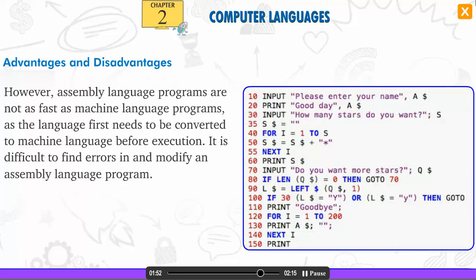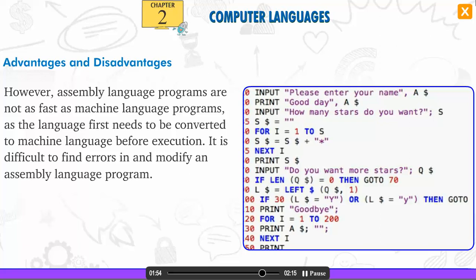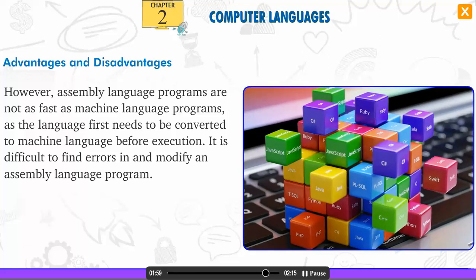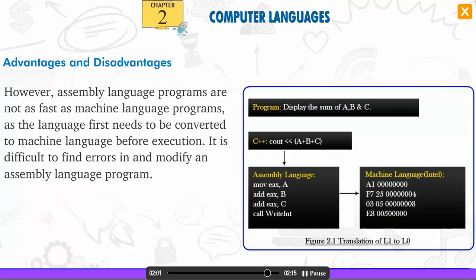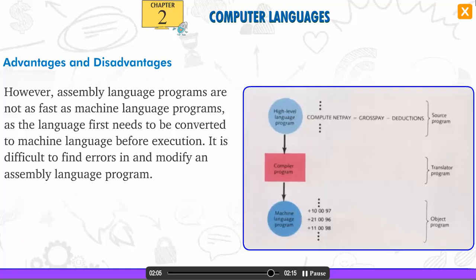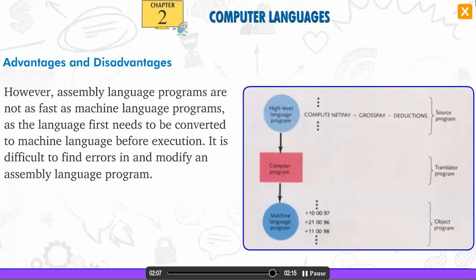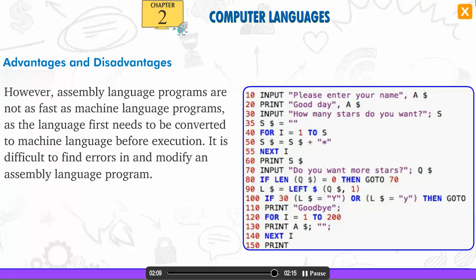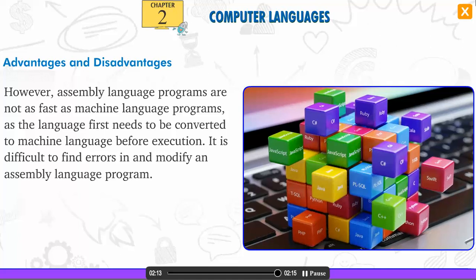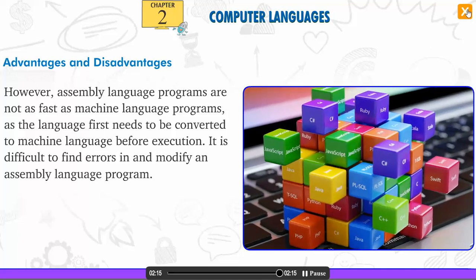However, assembly language programs are not as fast as machine language programs, as the language first needs to be converted to machine language before execution. It is difficult to find errors in and modify an assembly language program.